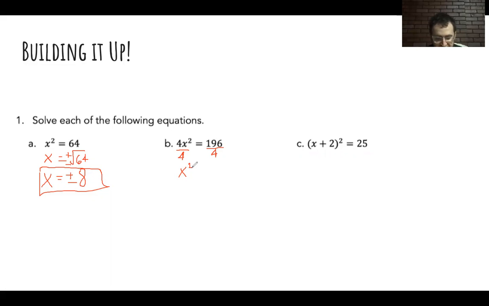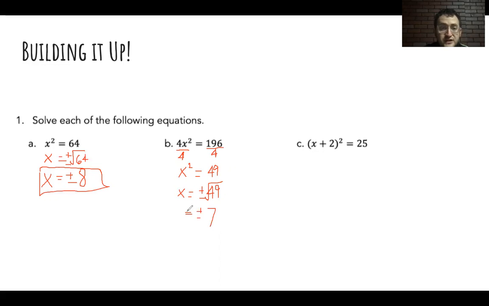You could go to your calculator and do that. And we get that x squared is equal to 49. And if we want to get x, we do plus or minus the square root of 49, which effectively is plus or minus 7.